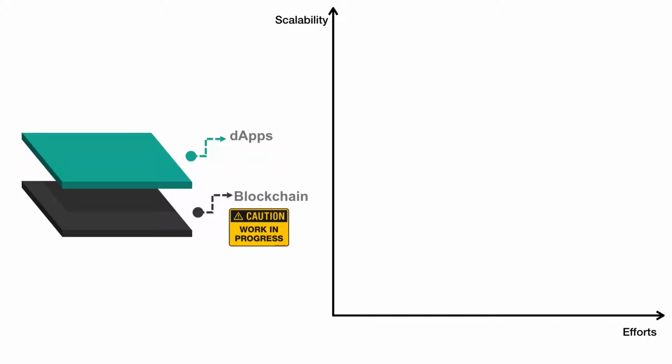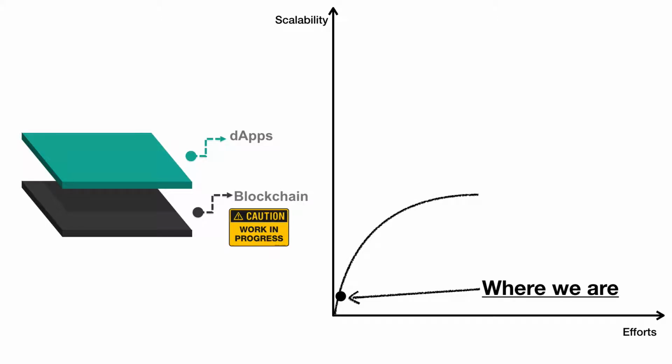Okay? But the problem is that blockchain itself is still a work in progress, and even though a lot of scalability tricks and new technologies are still being implemented, at the end of the day, blockchain is still a distributed system.